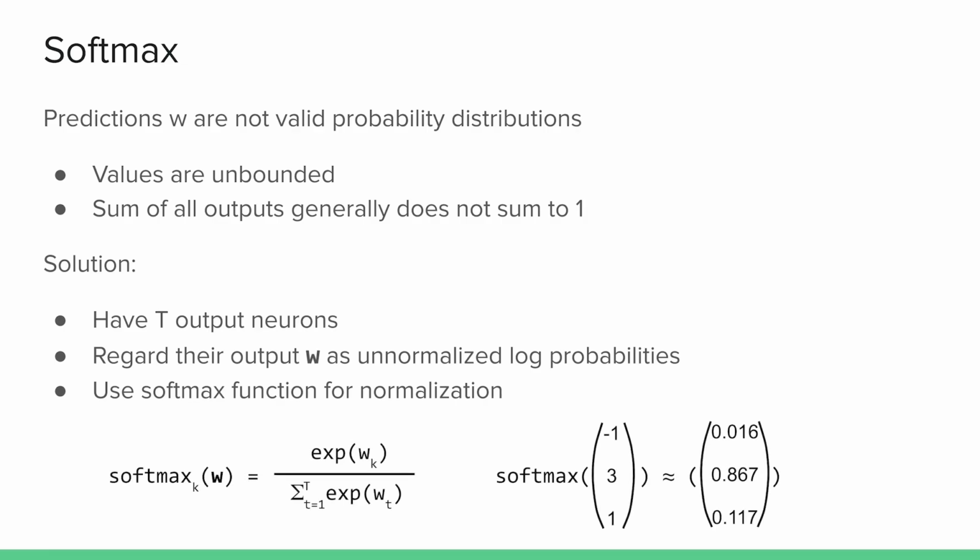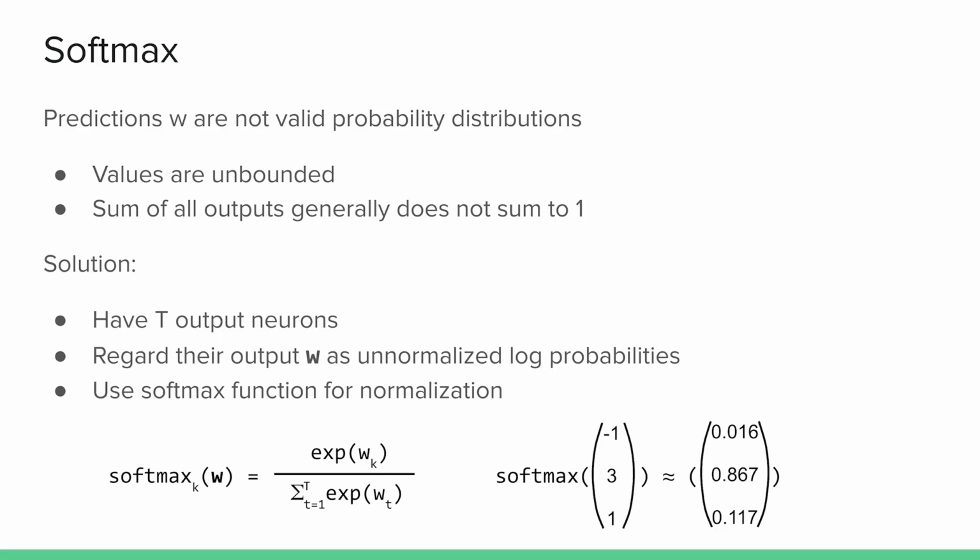We compute this function here, and what it does is it squeezes any value that we might have into the range of 0 to 1, and it also ensures, by the normalizing term that we see at the bottom here, that the sum of all weights always adds up to exactly 1. And there you go, you have a probability distribution.